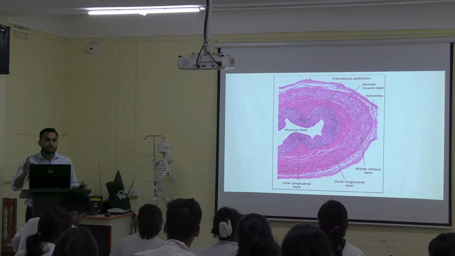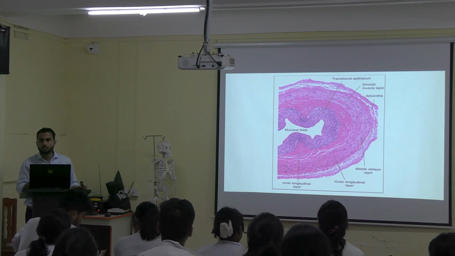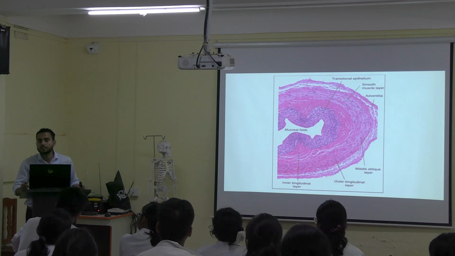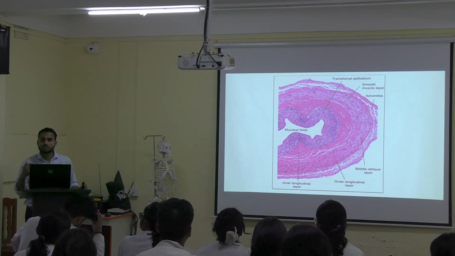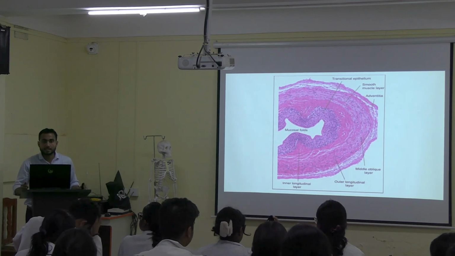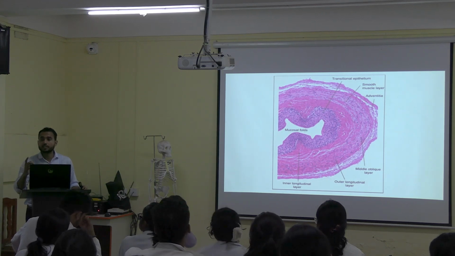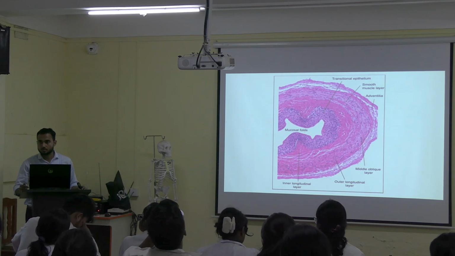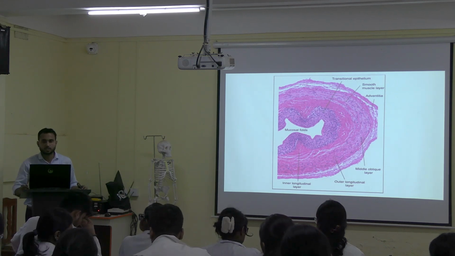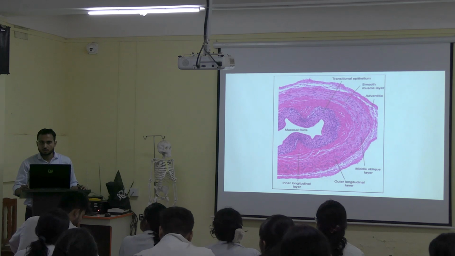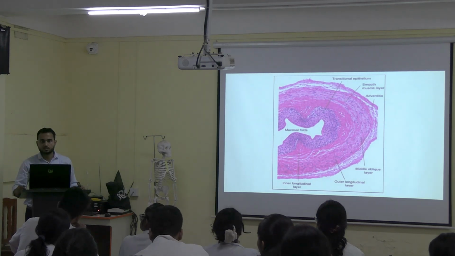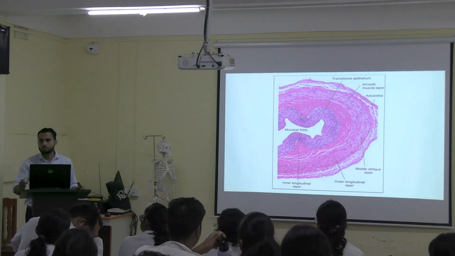The most difficult is identification of different types of epithelial tissue, connective tissue, cartilage, and then various parts of the GIT, especially the small intestine. Those are difficult to identify under the microscope, that too within 1 minute.